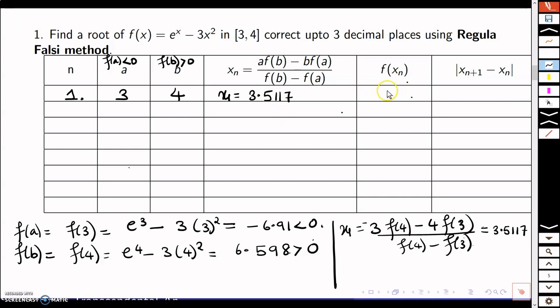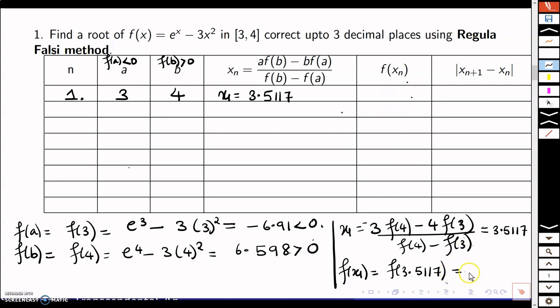Then I have to find the value of the function at the point x1, that is f of 3.5117. Now this value will come here and we have to check whether that's positive or negative.